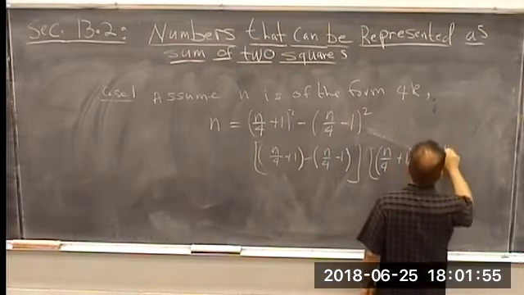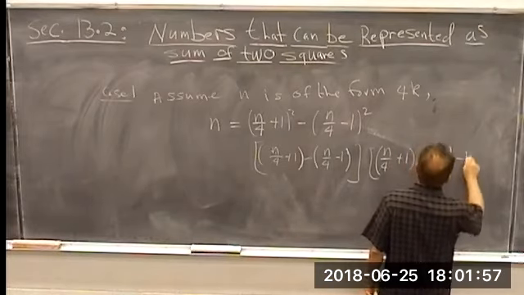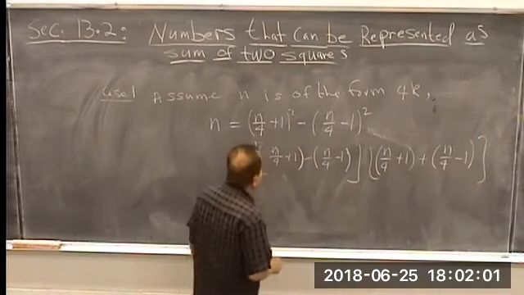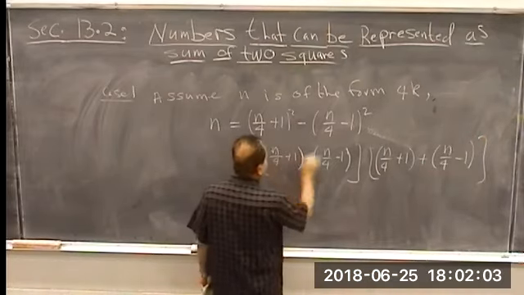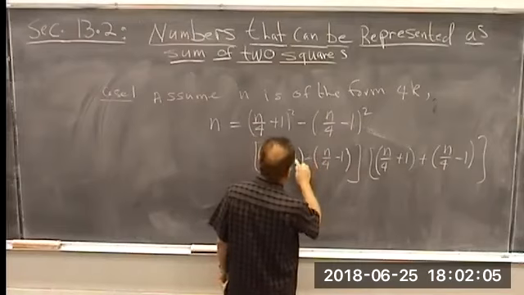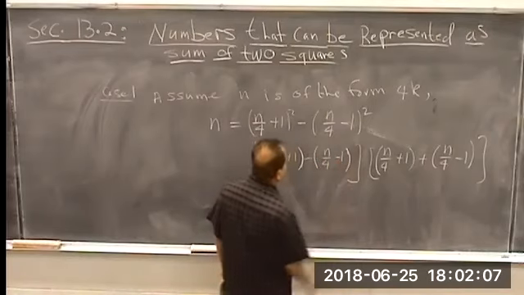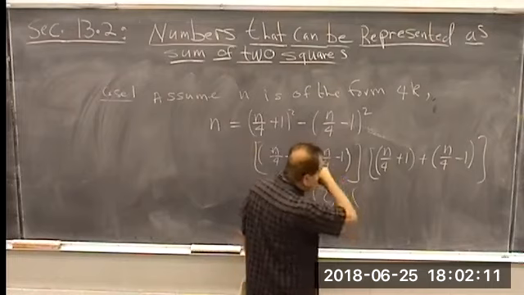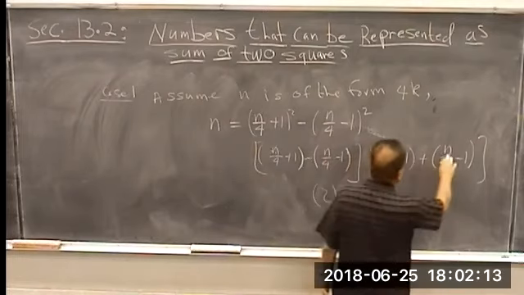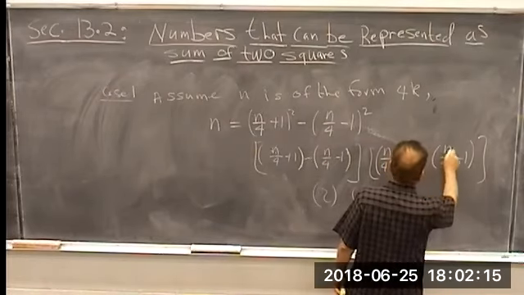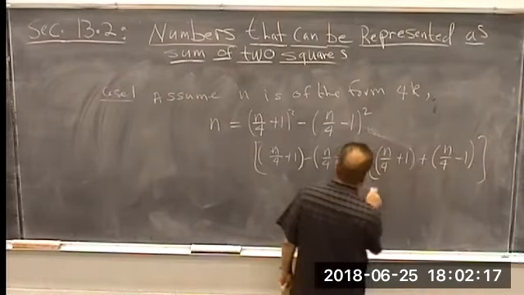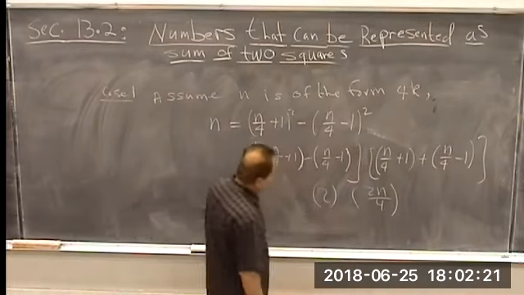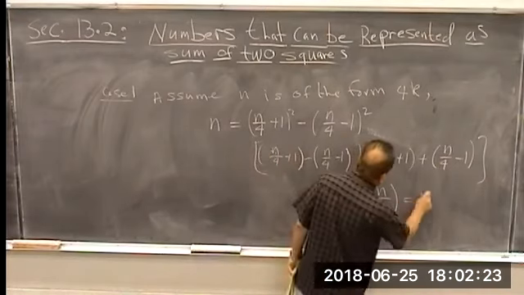I haven't done this calculation, but I think that's what you're going to get. So let's see, the n over 4 terms cancel out, and you have 1 plus 1, so here you get 2. And what do you get in here? The 1 and negative 1 cancel out, and you come up with 2n over 4, right? And I hope this gives you n. Yes, this gives you n.